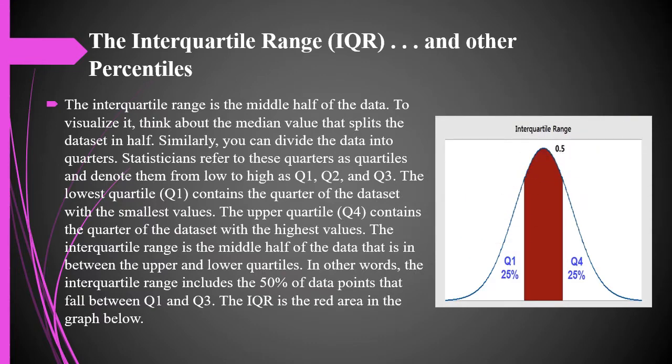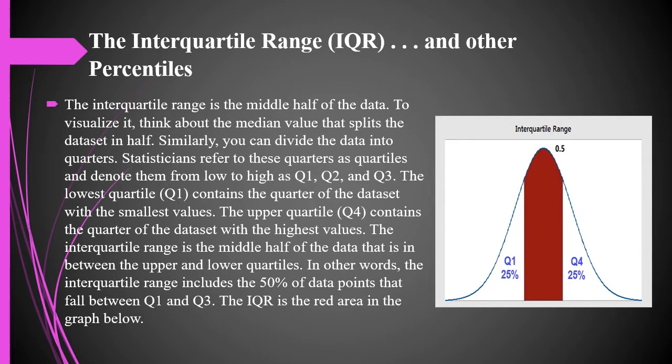The interquartile range, or IQR, and other percentiles. The interquartile range is the middle half of the data. To visualize it, think about the median, which splits the dataset in half. Similarly, you can divide the data into quarters. Statisticians refer to these quarters as quartiles and denote them from low to high as Q1, Q2, Q3, and Q4. The lowest quartile, Q1, contains the quarter of the dataset with the smallest values.